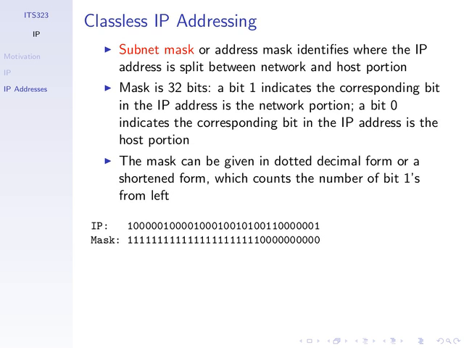Number of hosts is the easiest. In this example, we had 20 bits allocated for the network, 12 bits for the host portion. With 12 bits, we can only have 2 to the power of 12 possible values, from all zeros increasing up to all ones.